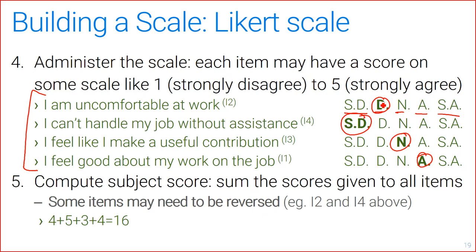This would be a score of 2. Once we reverse it, it would be a score of 4. So what we have is 4 for that item, 5 because we also have to reverse this one, 3 and 4, and the total score is 16. So in this case, we quantify the self-esteem of this employee as 16 over 20.